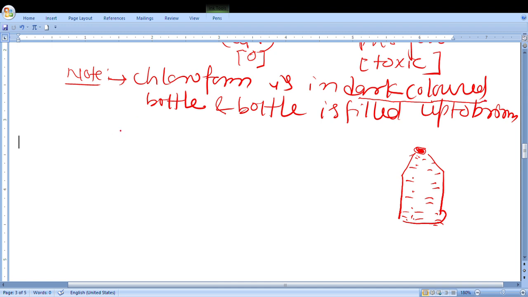And the second point, so that air should not be there.